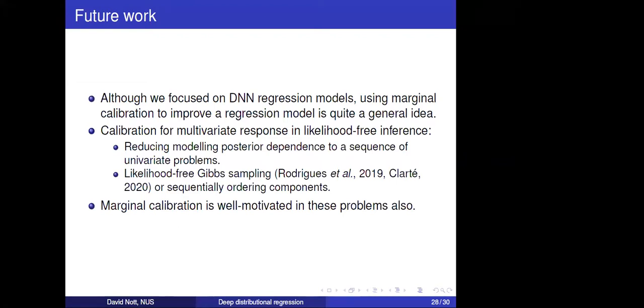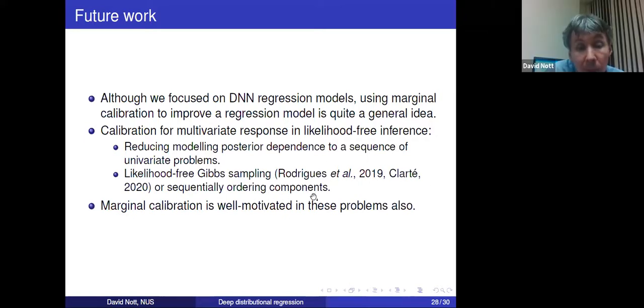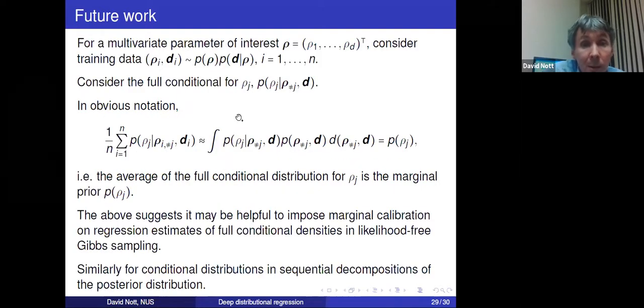Or you could sequentially order components somehow in the parameter. So marginal calibration is well motivated in those kinds of approaches also. I'm running a bit short on time, so I'll skim through this very briefly.